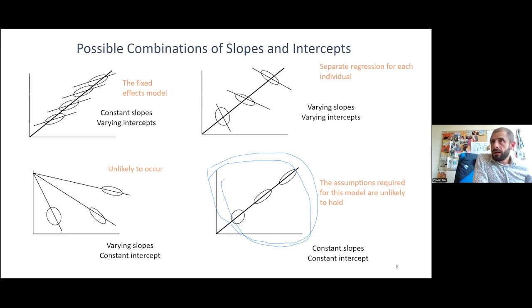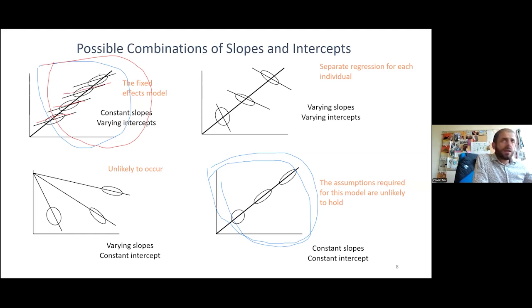However, we have different combinations, because we can have a different intercept but a constant slope. And here, that's the case of what we will call later the fixed effect model, the one that is surrounded with the red circle here. So here, for the fixed effect model, what does it mean? It means that each individual will have his or her own intercept, right?